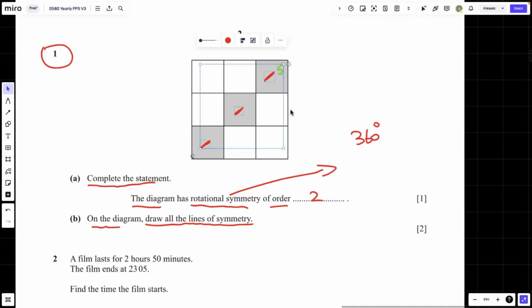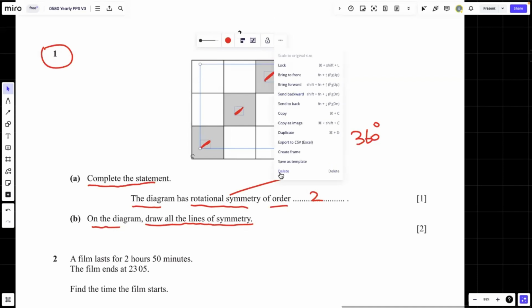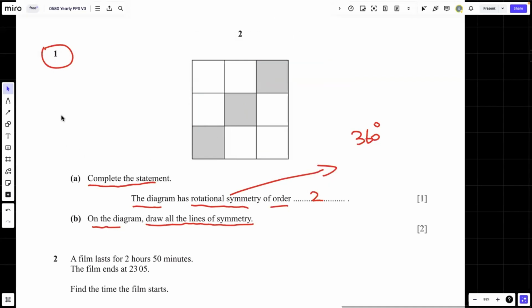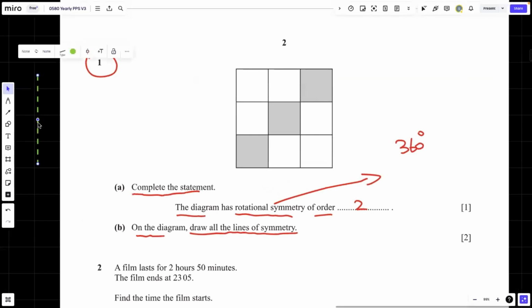The first part was this, so this is going to be the first line of symmetry because it breaks the image into two equal halves. And the second line of symmetry that we may have will be this one.